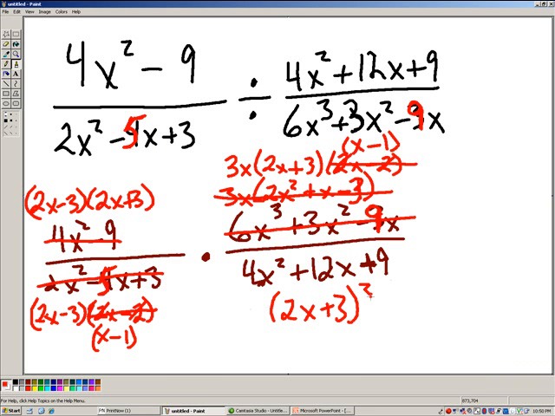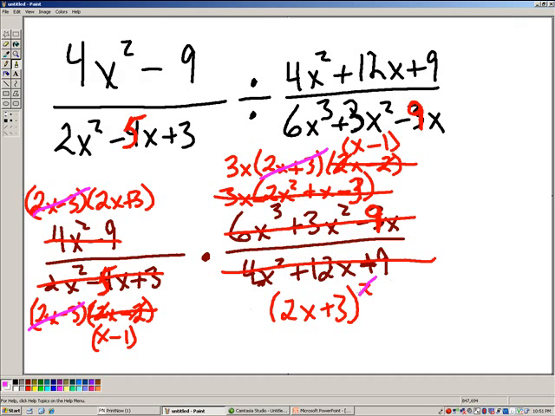So we've factored out our numerator, we factor out our denominator, and now we cancel out anything common. Common factors. So looking at the first factor here, hey, we have a common 2x minus 3 and 2x minus 3. On the other fraction, we have a common 2x plus 3, and in the denominator, since the exponent 2 is saying, hey, I have 2 of those, I can just cross out that exponent.